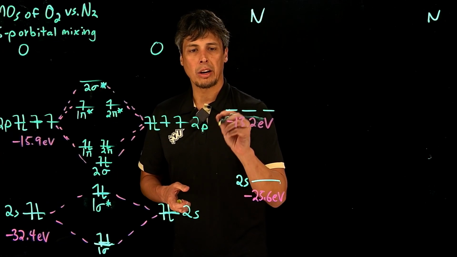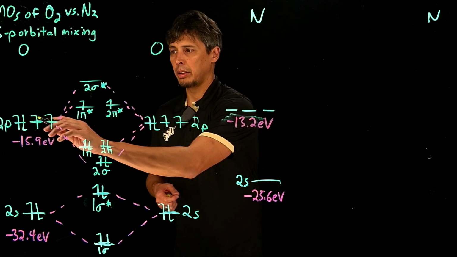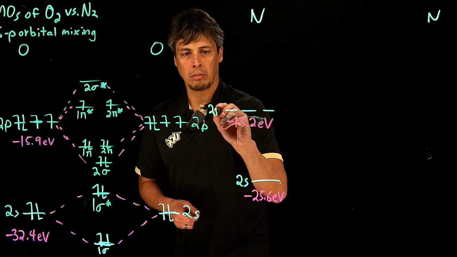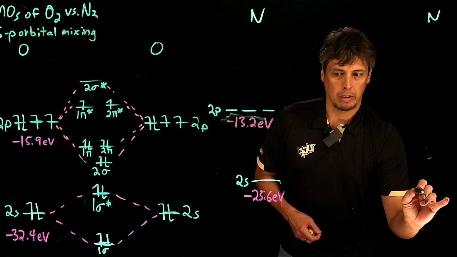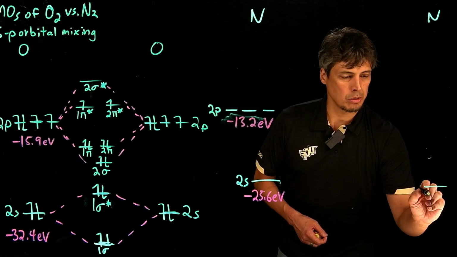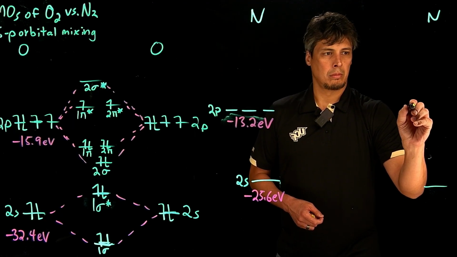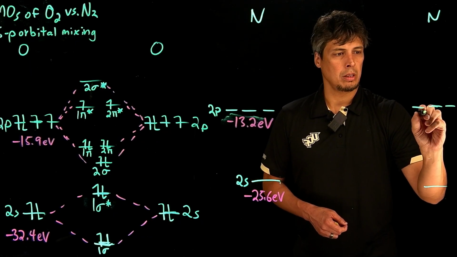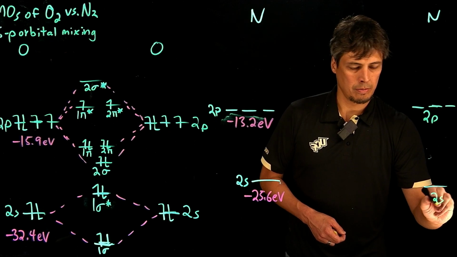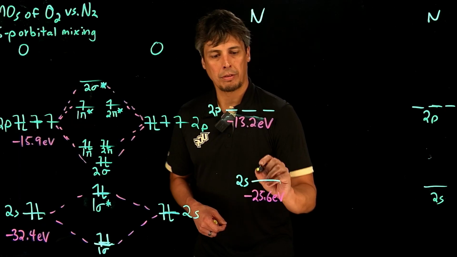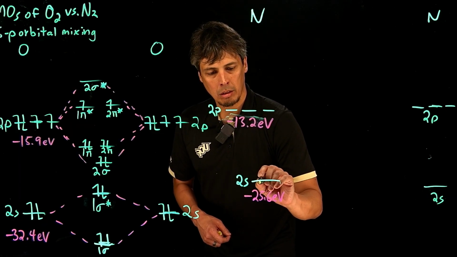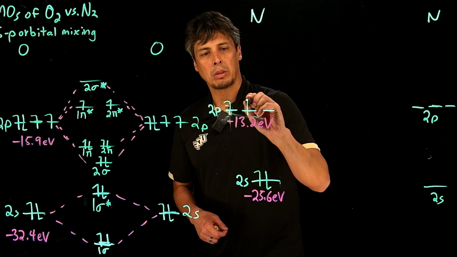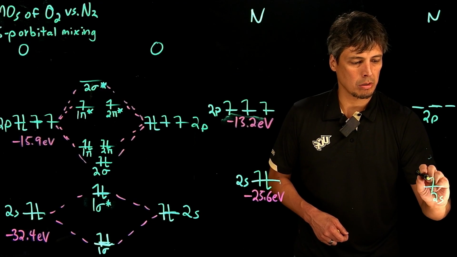So those are slightly higher in energy than the corresponding 2p orbitals for oxygen. Then we have the same orbitals for the other nitrogen atom, 2p and 2s. The configuration for the nitrogen atom is 2s2, 2p3, so we'll write in our electrons now.